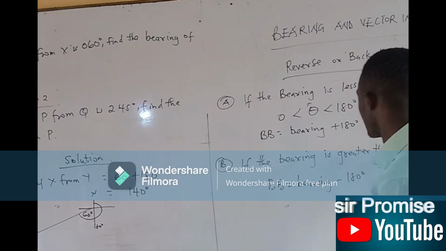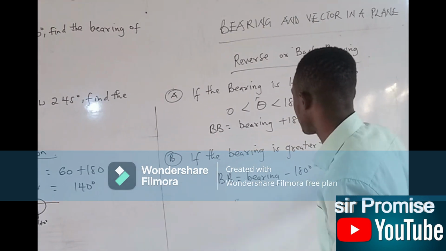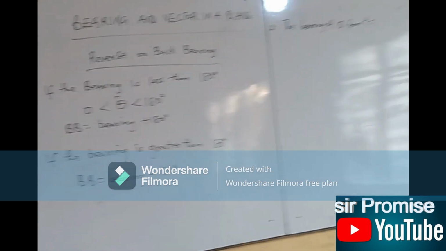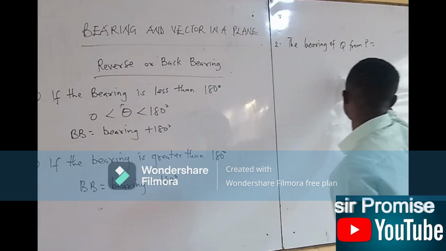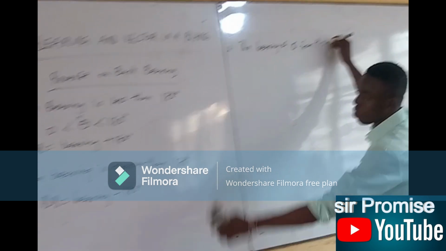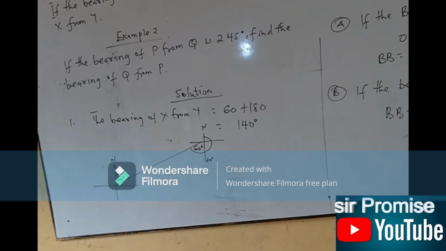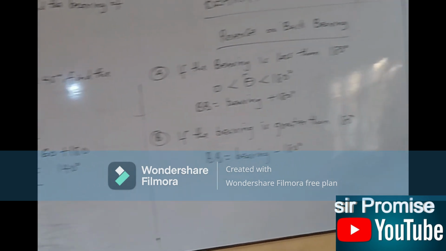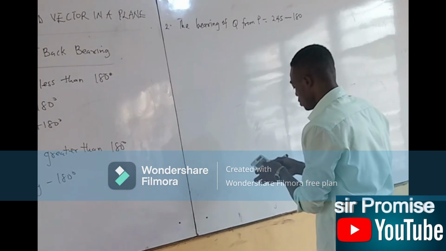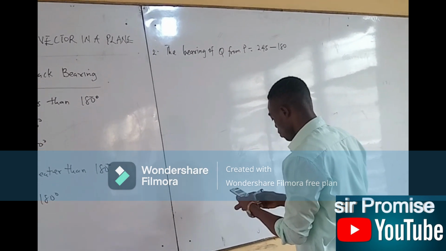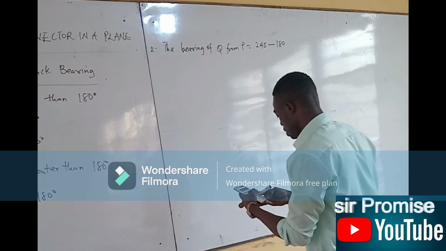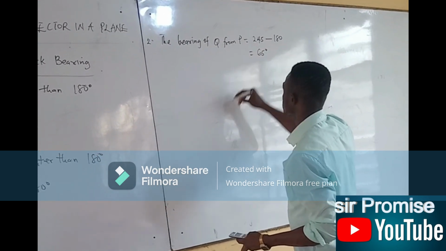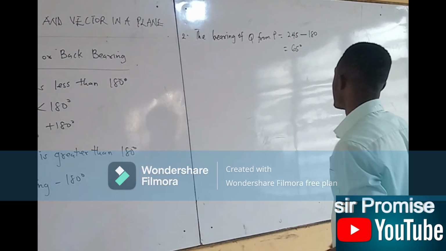Concerning the rule, if it is greater than 180, what do we do? We write the bearing and take 180 from it. So what is the bearing given? 245 minus 180. This is going to give us 65 degrees. Let's try to draw it and see.